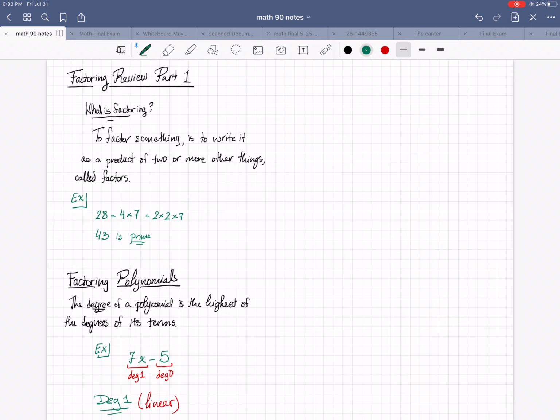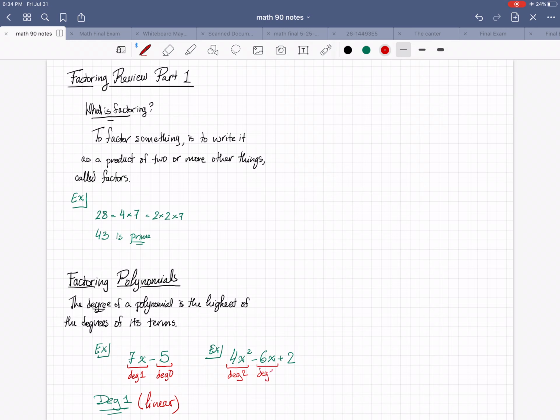Okay, here's another example. Say we have 4x squared minus 6x plus 2. So if we're looking at the degrees of the terms, the power of x here is 2.